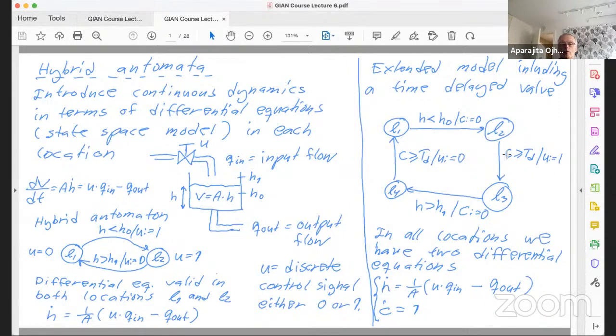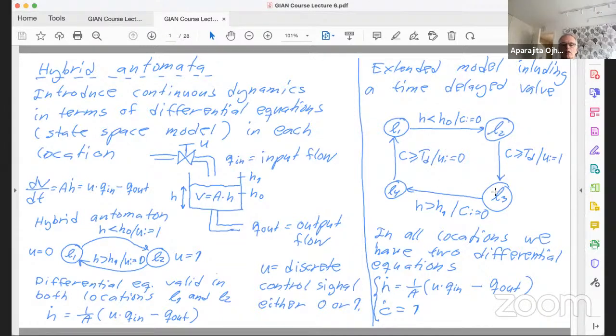Then when the state variable C is greater or equal TD, first I open the valve, put U equal 1, and then you stay in location 3 until H has passed H1, and then you start the clock again, and you put the condition once again that when C is greater or equal TD, then you close the valve.